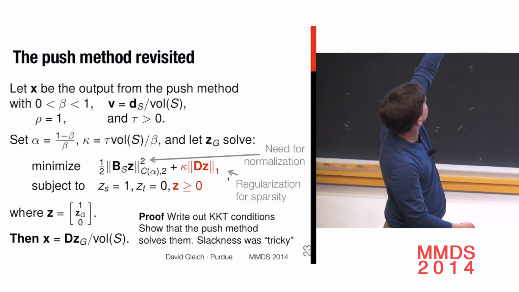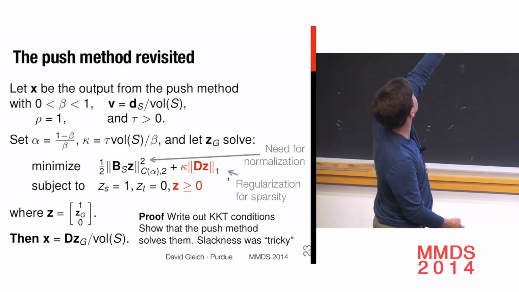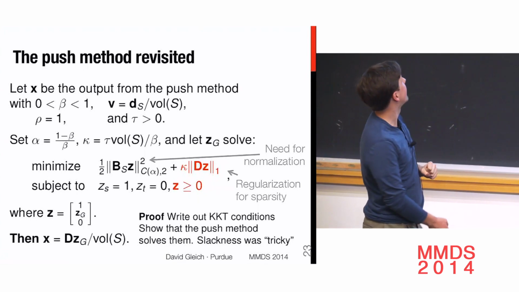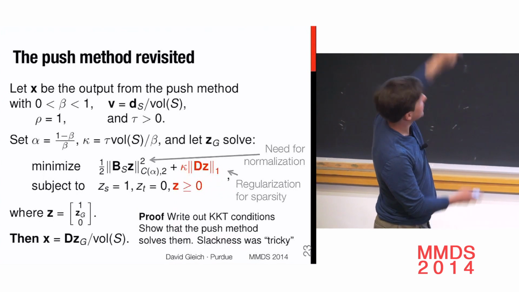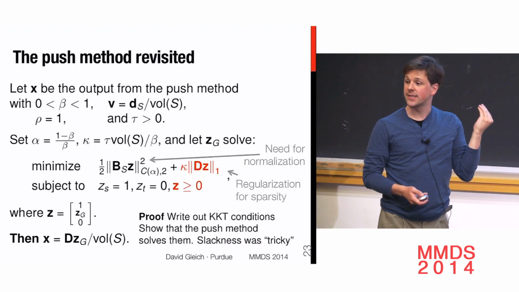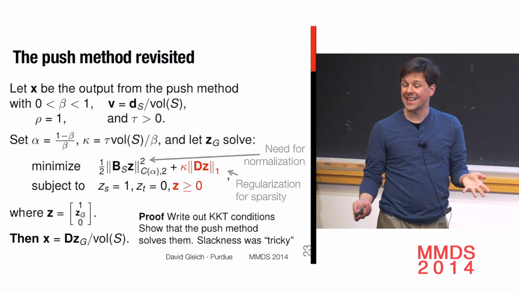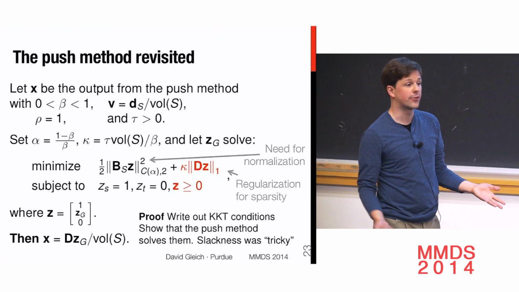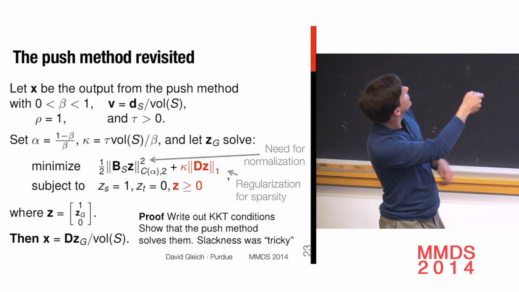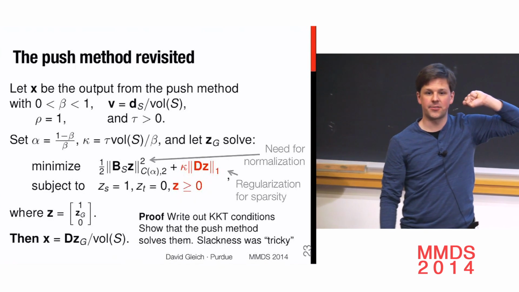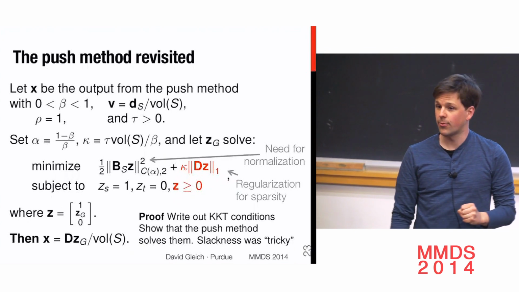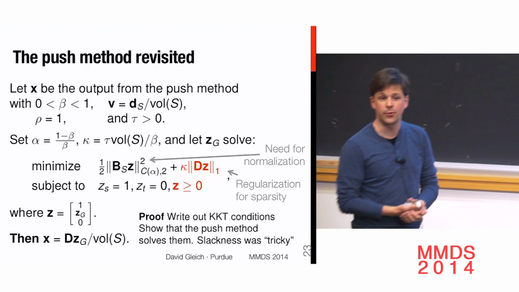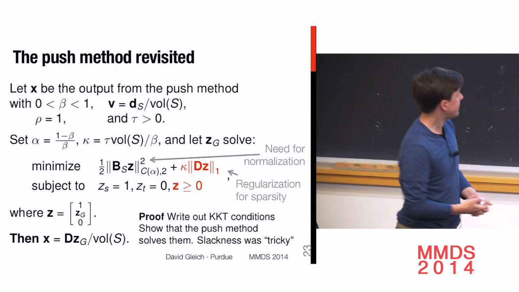If we just run the push method with the tolerance tau, and we look at it with one of these degree-weighted seed vectors, then we can show that the push method with tolerance tau, where tau might be something like 10 to the minus 3, a very coarse tolerance if you're used to solving a linear system, that solution exactly satisfies this one-norm regularized sort of electrical flow or two-norm cut problem.